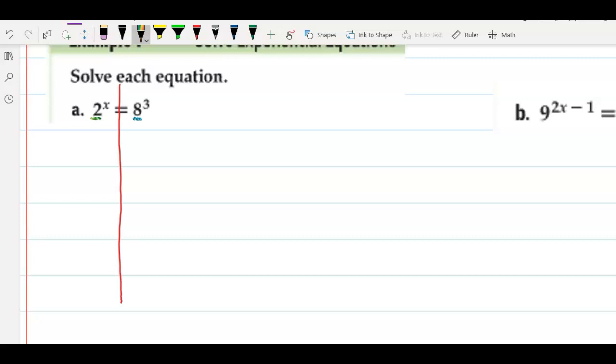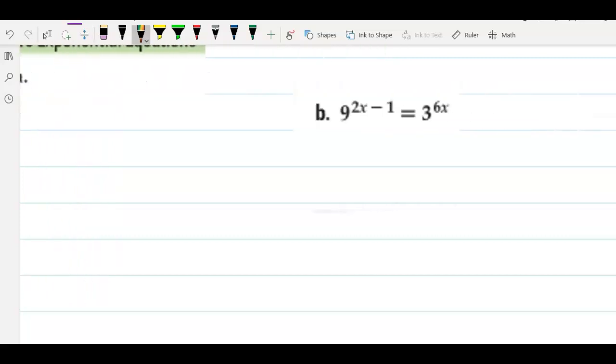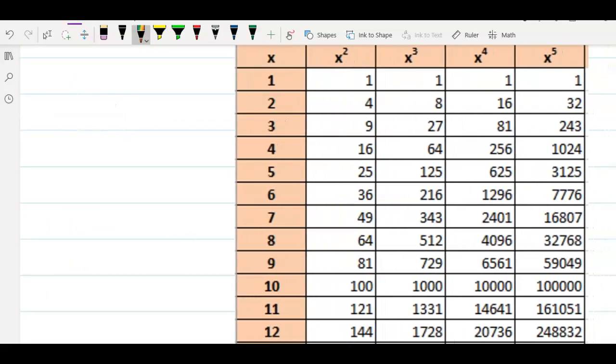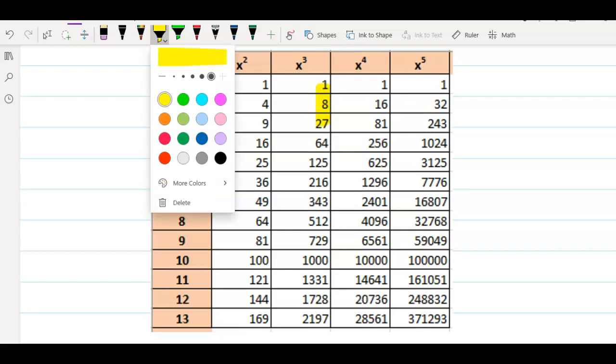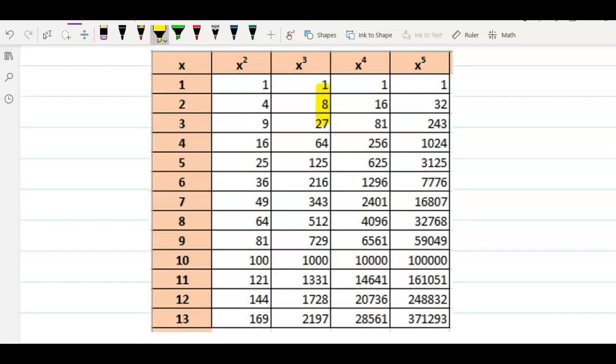2 is already very simple, but 8 could be expressed as another number raised to a power. And to help you decide which number we're going to use, I have this chart for you. If we look over here in our chart, we find 8 right here. 8 is simply 2 raised to the third power.